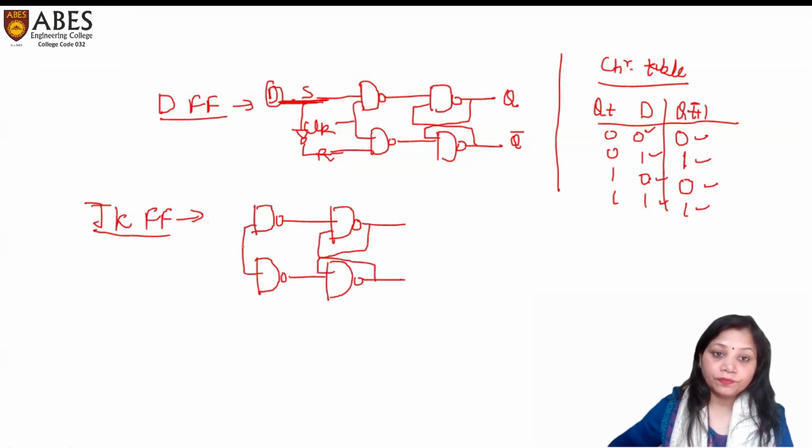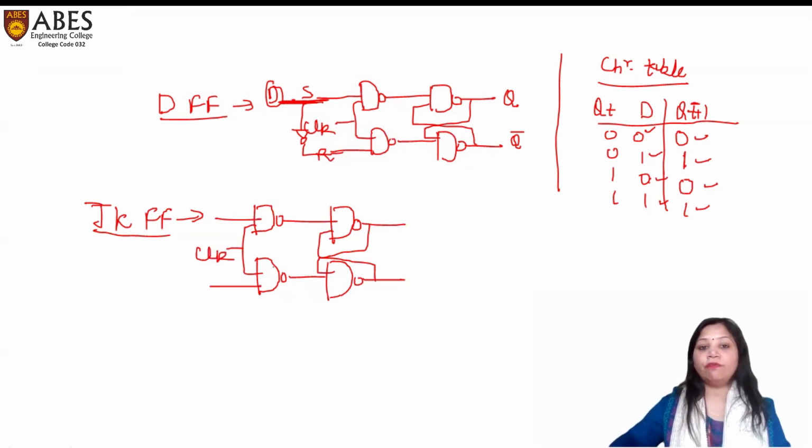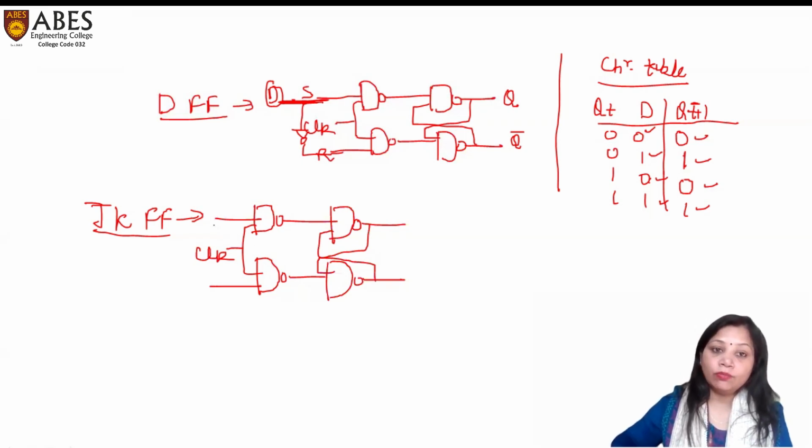This is the clock. This input, we have made the SR flip-flop here also. This is S, this is R. This S we call J. That means set means J, and this input is called the K. The difference is that one more input of the first NAND gate is connected to the Q complement output, Q bar.